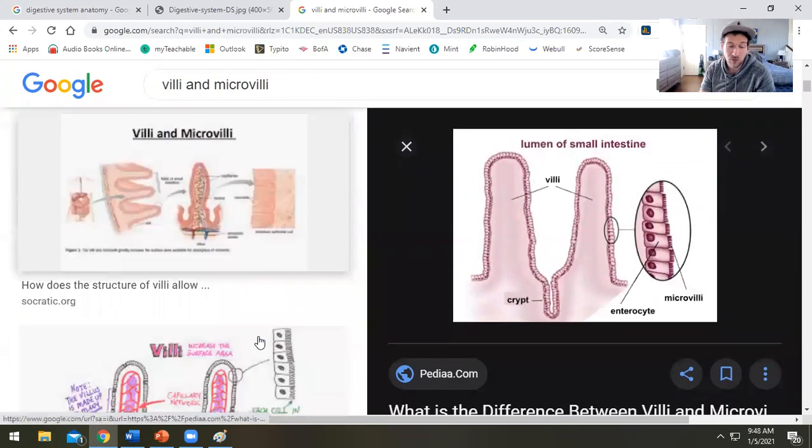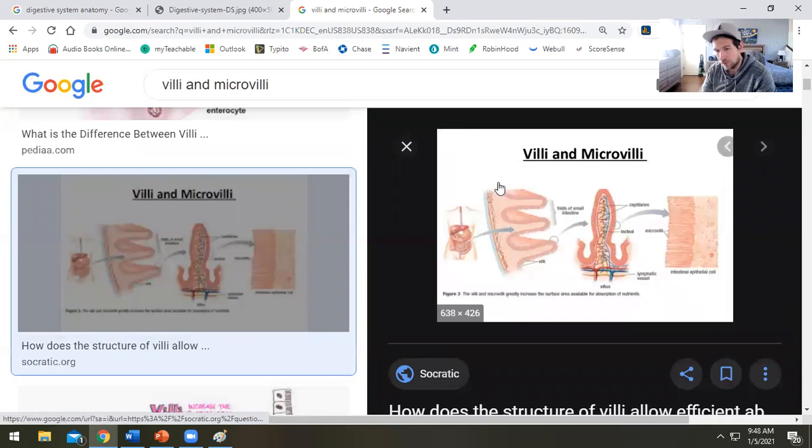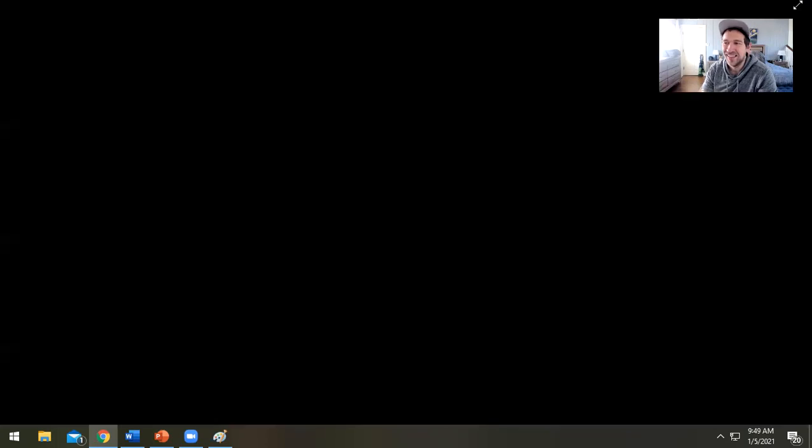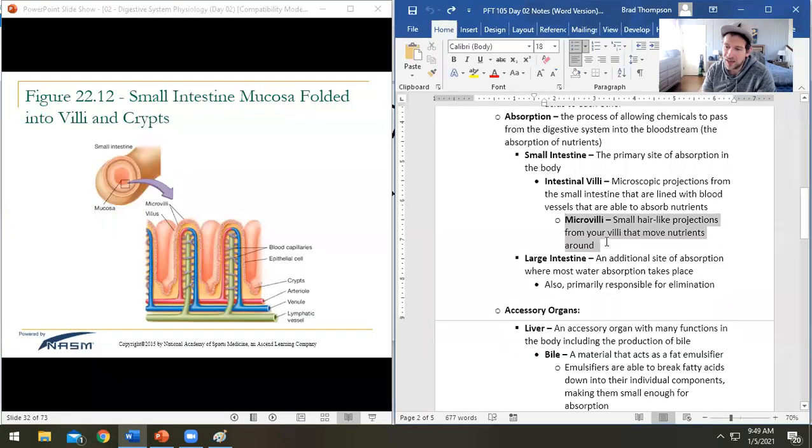So even those little folds, right? These big folds have little hairs on them, and then those little hairs have more hairs on them. Hair on hair on hair. That microvilli isn't where absorption takes place, but that's actually how certain nutrients get moved to where they need to go.